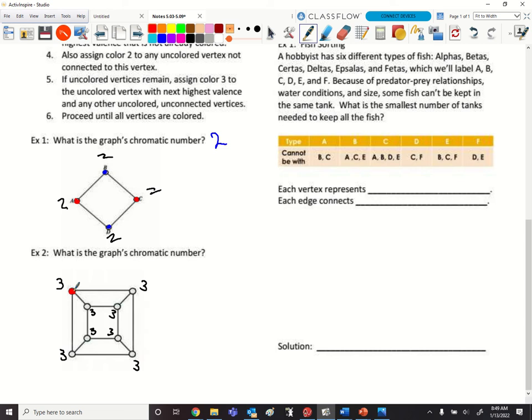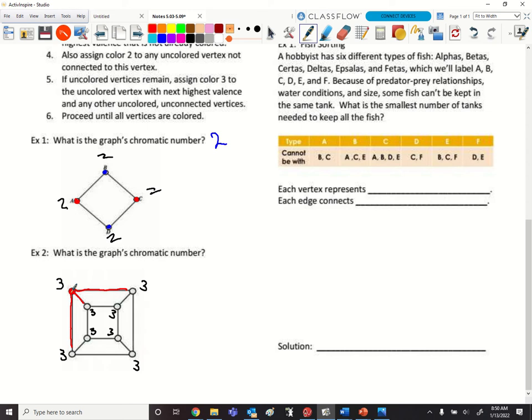So, by connected color, I'm going to do this just to show you which ones are connected. So that means these ones are all connected. So none of these ones could be a red, right? None of those ones right there could be a red. But I could have red somewhere else though, right?